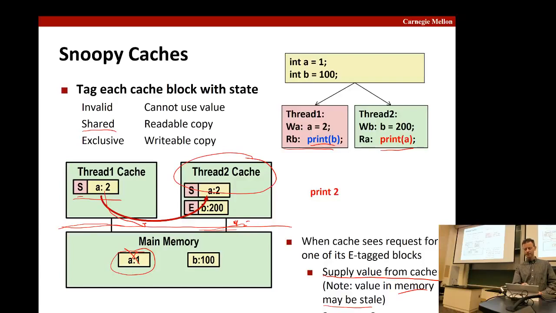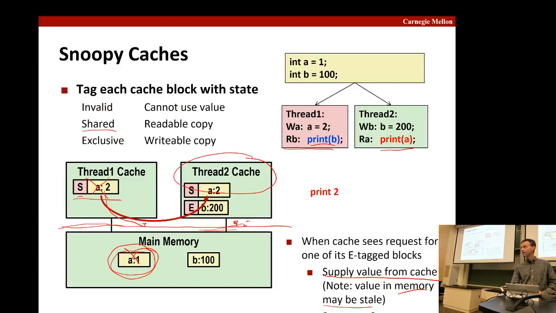It's always safe for the cache to respond, because any cache has a value at least as fresh as what's in main memory, since these are write-back caches. The case where memory supplies the value is like if this was evicted, so no cache has the value, then you supply it from memory.